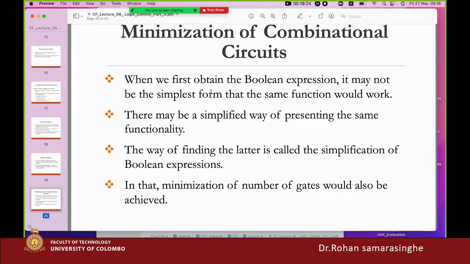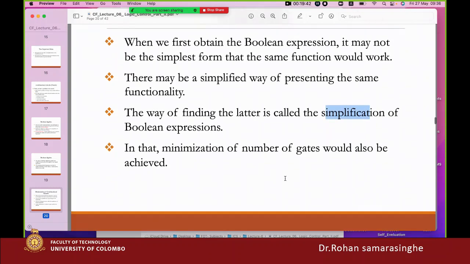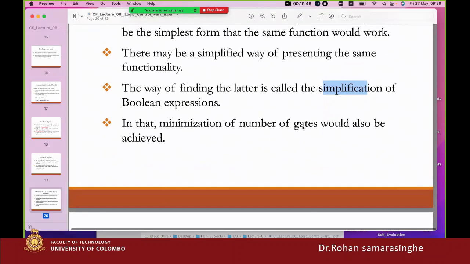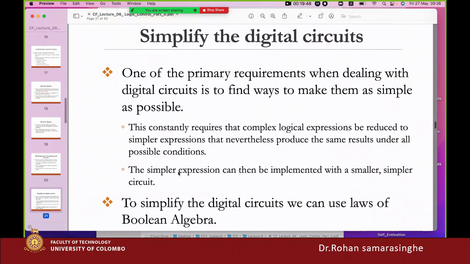When you simplify, you can reduce the number of gates you need, make the process more efficient, and get the same output. The way of finding that is called the simplification of the Boolean expression, and in that, minimization of the number of gates would also be achieved.